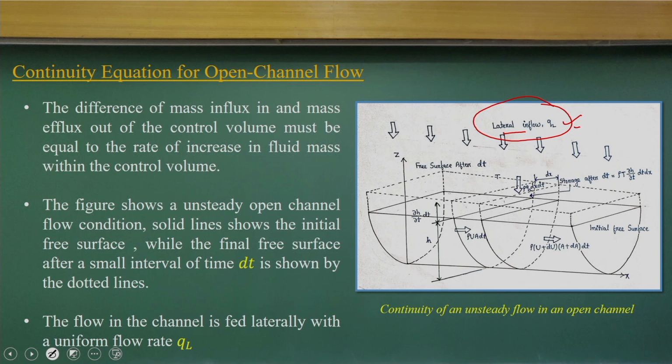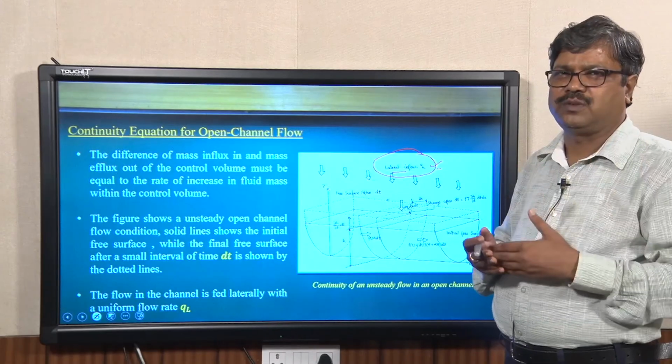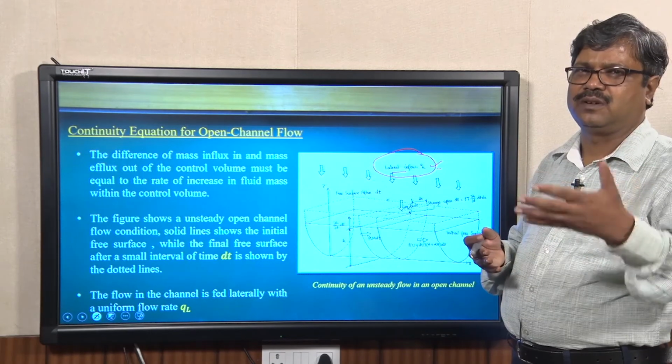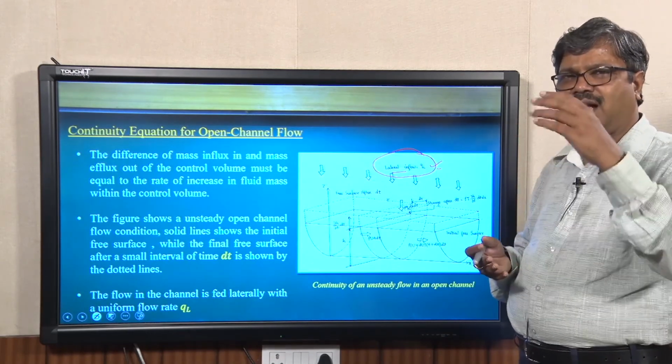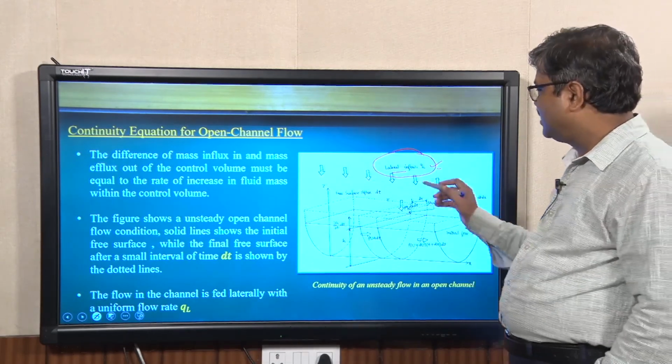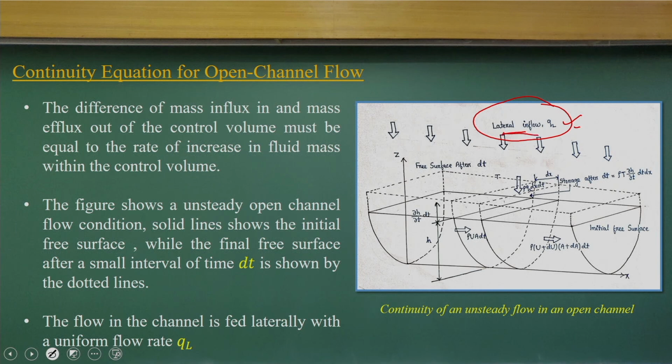When you take a river, there is an exchange of water from river to groundwater, groundwater to river, and also an exchange of water between the river and atmosphere, as rain happens. So that's the reason we can say lateral flow happens to the control volume.